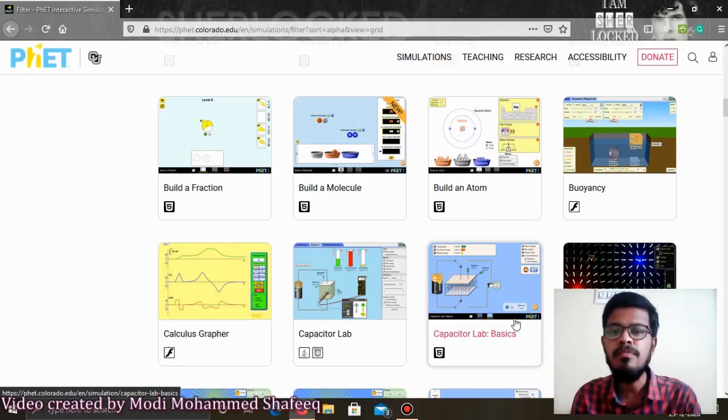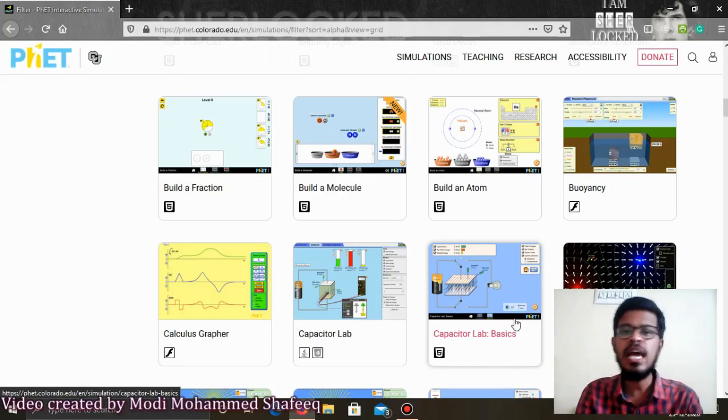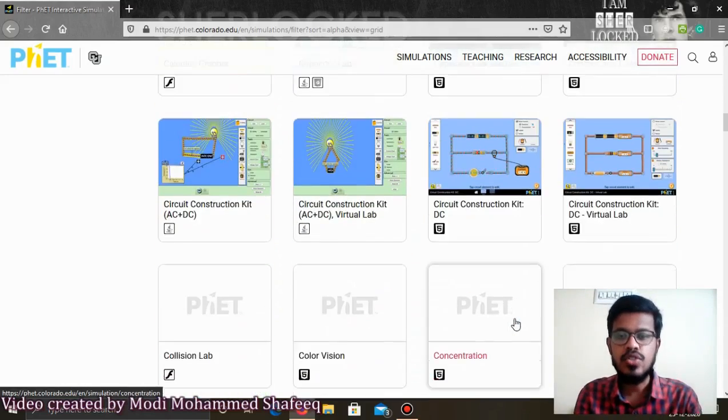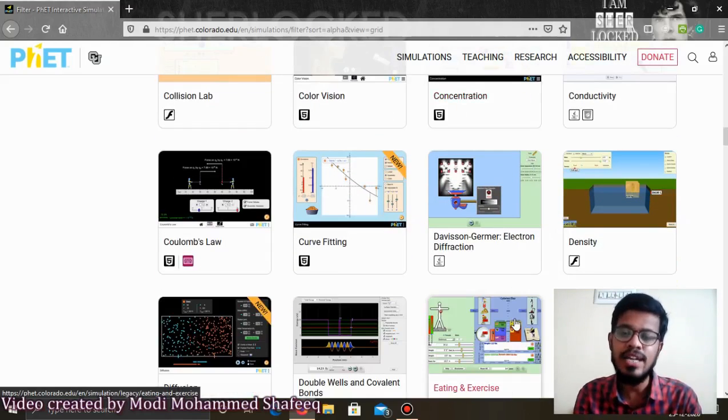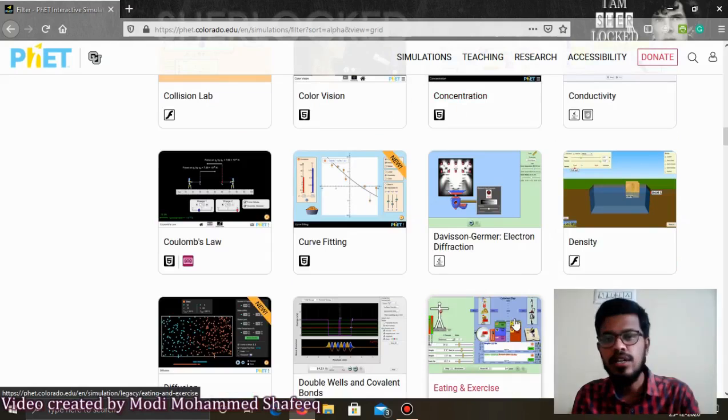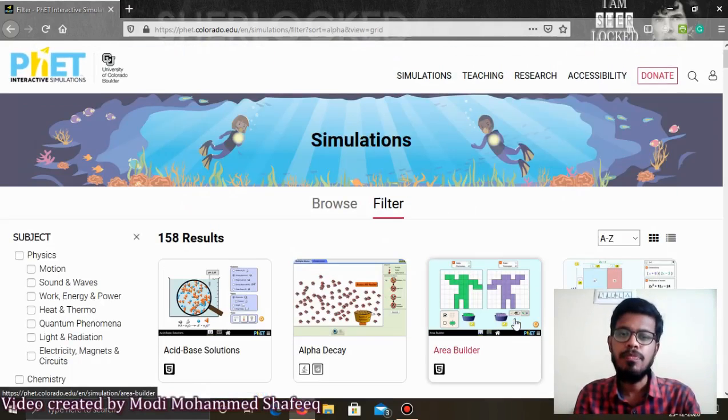For example, to check the pH of a solution, whether it is an acid or a base. Those things you can do in the lab also, right? But they have made simulations so that at home the children can practice by working with the simulations.